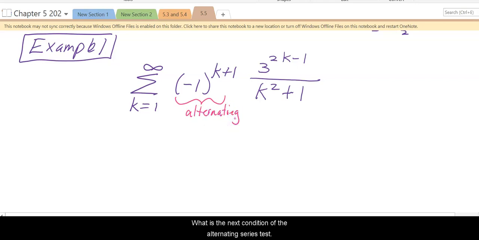What is the next condition of the alternating series test? The next condition is basically that the terms of the series have to be non-increasing.